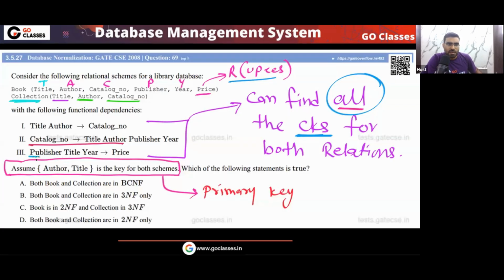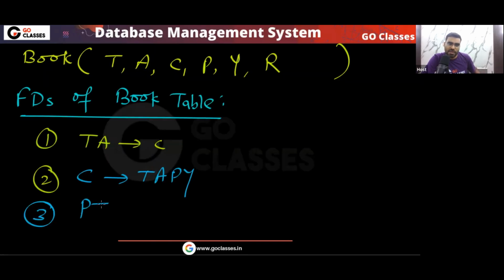You can see PTY determining R, the price. So PTY determining R. So these are the FDs of the book table. Is this clear? Please tell me.